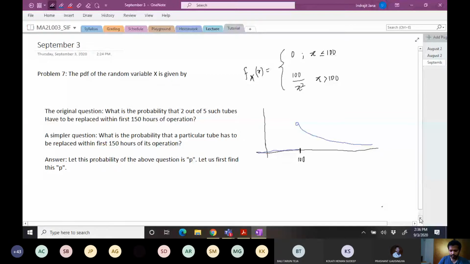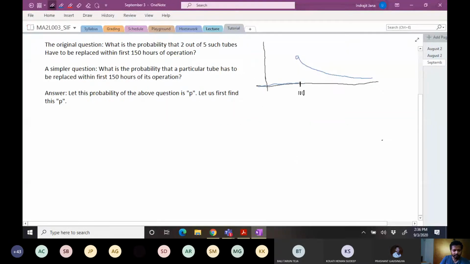So this p is going to be the probability that the random variable X is less than 150, which by definition, from the previous lecture, is the integration from negative infinity to 150 of the probability density function f(x) dx.